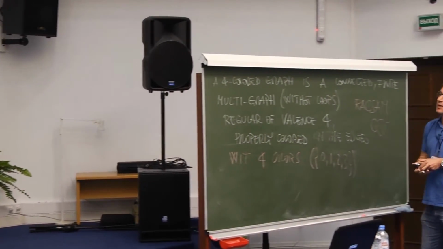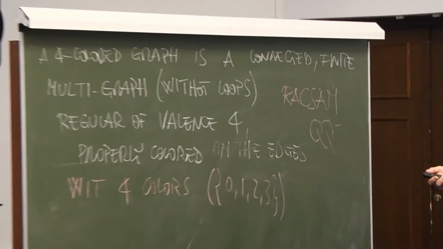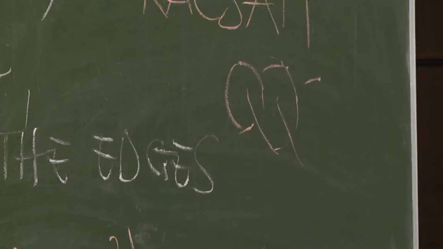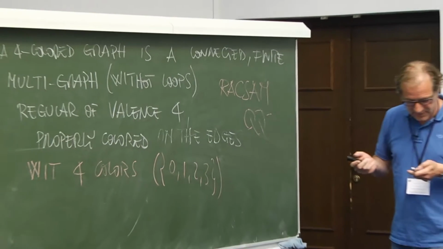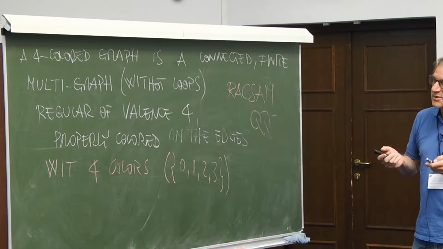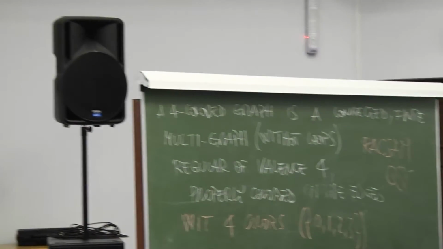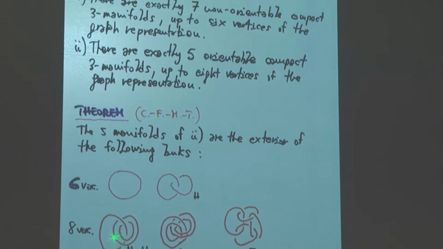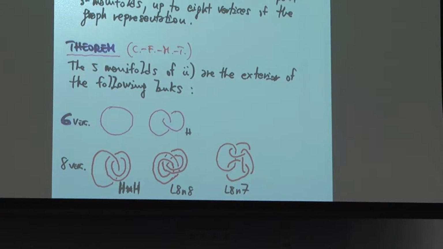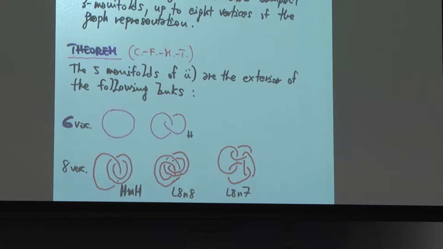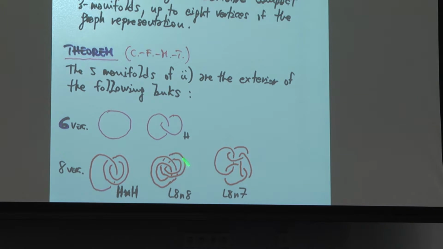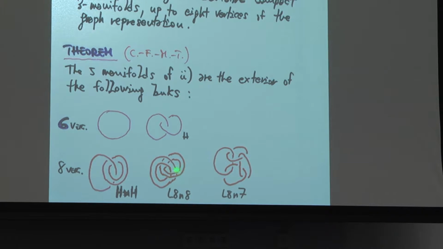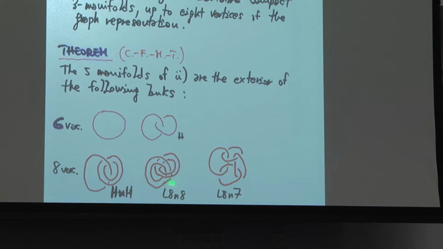But there is also a prime link with the same complement, the closed chain, because in the case of links, there are usually infinitely many different links with the same complement. In the case of knots, it's not true, but for links, it's true. So one of the 3 manifolds is the complement of the open 3-component chain, but also of the closed 3-component chain, which is prime. And the other 2 are complements of these 2 links with 4 components.